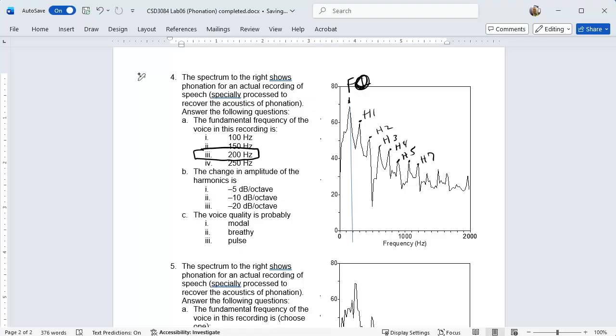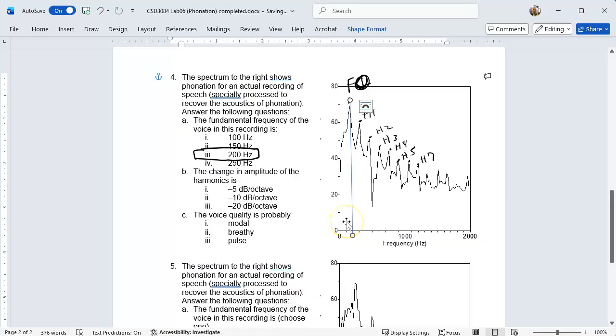First harmonic then would be around 400 if I move this stick over. Actually, that didn't look that close to 400, so maybe I should try that first one again. Jumping around on me, it doesn't quite want to line up perfectly.